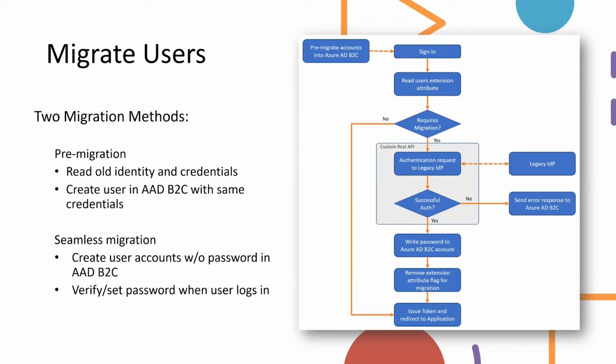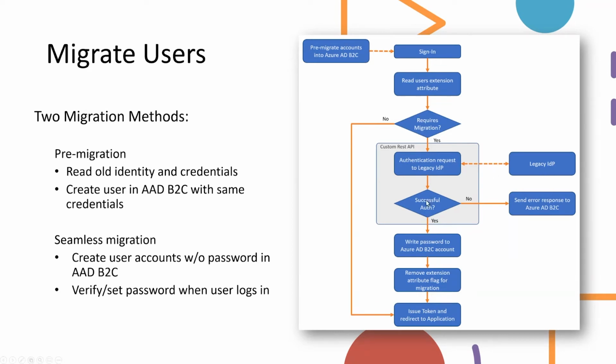So what you can do is import the users and create their accounts. Then when they log in to your website or application the next time, you can direct them with a custom user flow. You can check to see if they have already created their account in your system, and if not, you can have them authenticate, and this would be a seamless experience for them. They would still authenticate with your current identity provider.